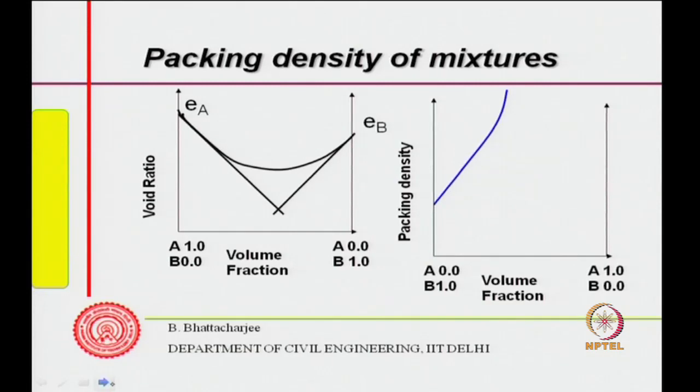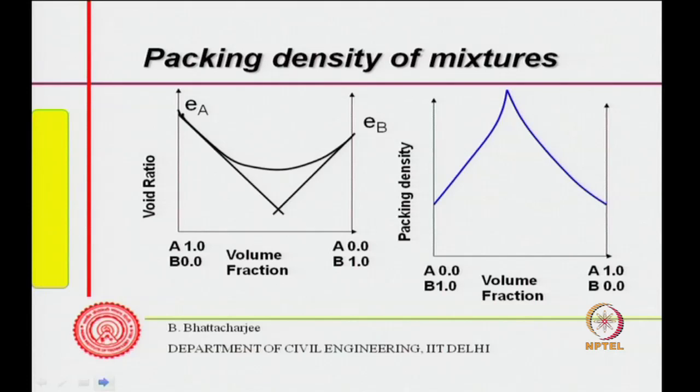Correspondingly, packing density we define as the volume of the solid alone divided by the overall volume, and this would increase depending upon the fractions of a particular aggregate as we vary from pure A to pure B. So, first you have pure A on the left hand side, then you add some amount of B. Therefore, the combination of A and B volume fraction would change: when A is 100%, B is 0, and when B is 100%, A is 0.